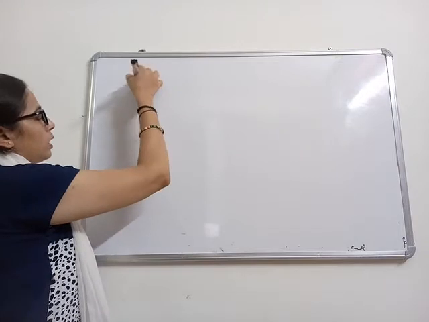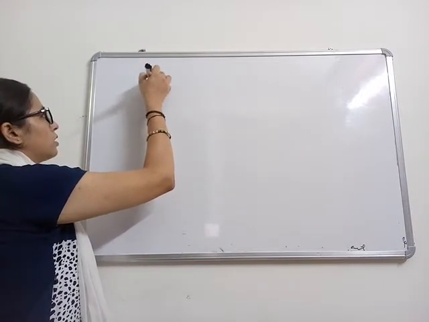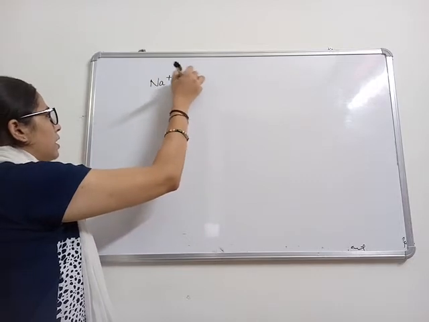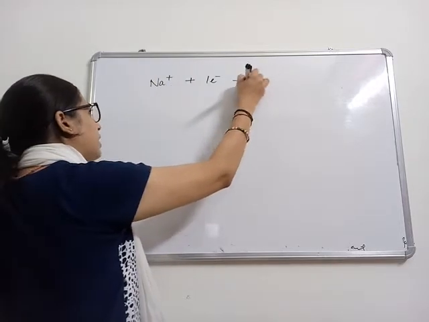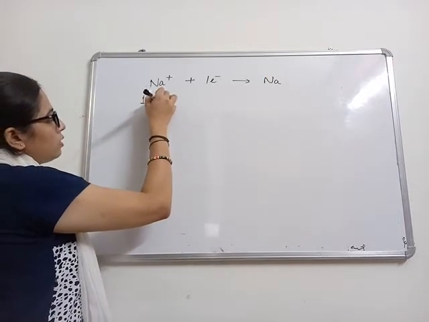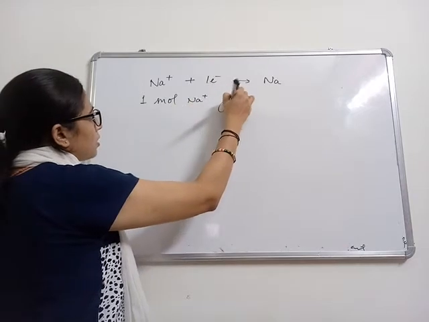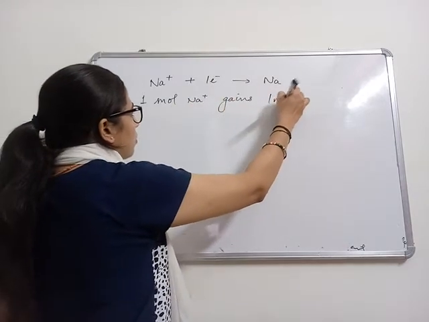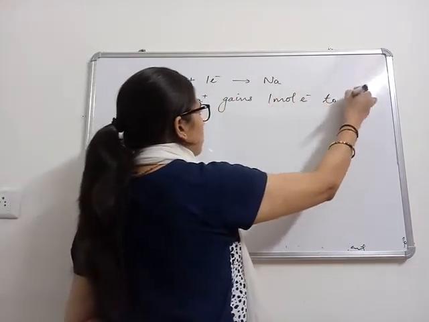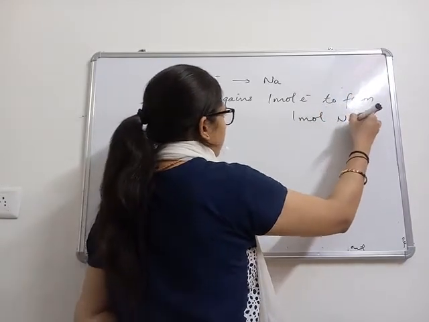And also to understand this Faraday's constant, we know that if you have a metal ion, say Na plus, Na plus takes an electron and changes into Na. We normally say that 1 mole Na plus gains 1 mole electron to form 1 mole of Na.